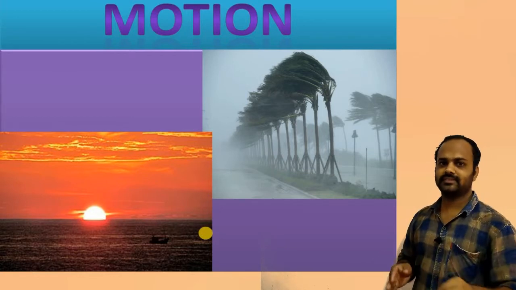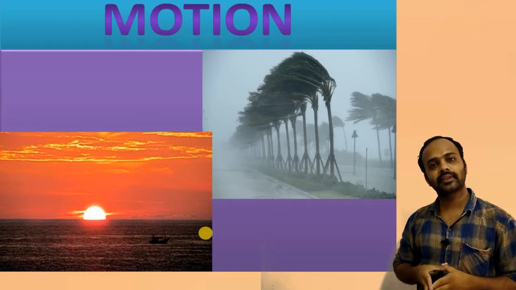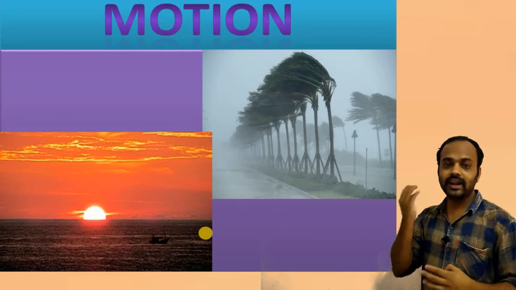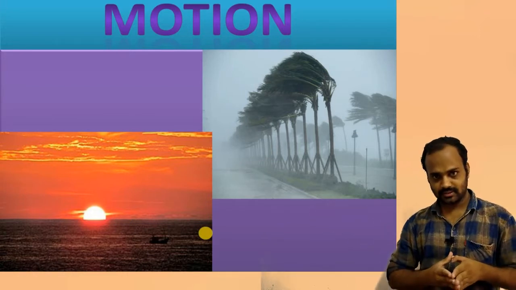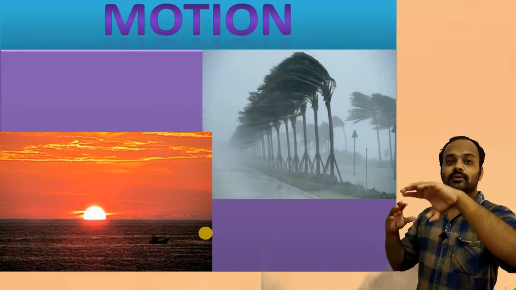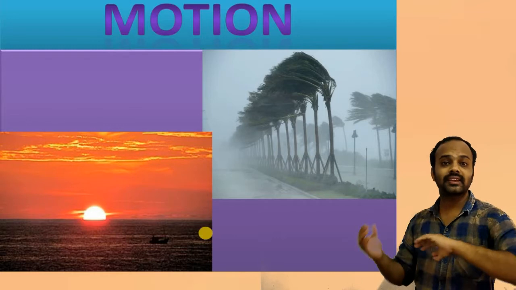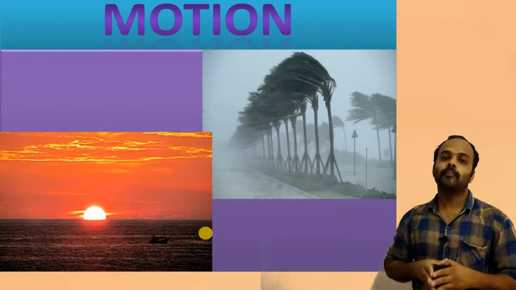No, the sun is not moving. Then who is moving? It is our earth that is moving. Our earth rotates and revolves around the sun. Therefore, the apparent motion of the sun infers that our earth is in motion.